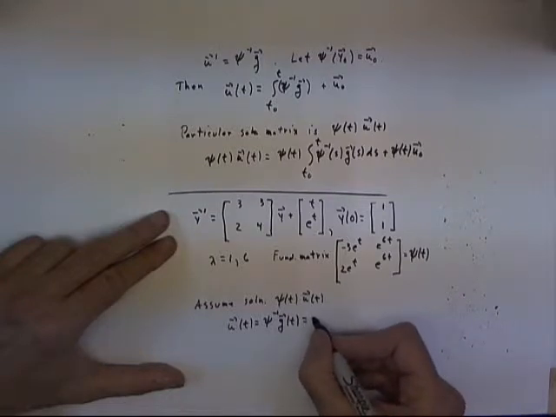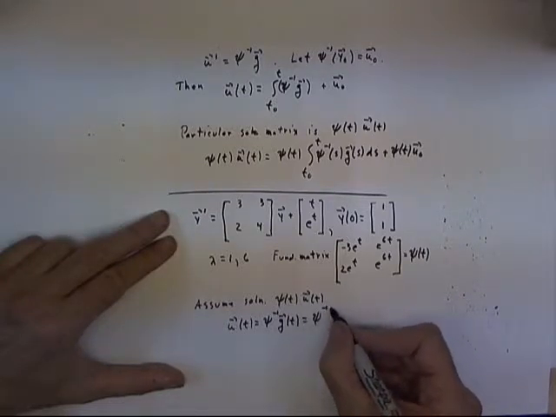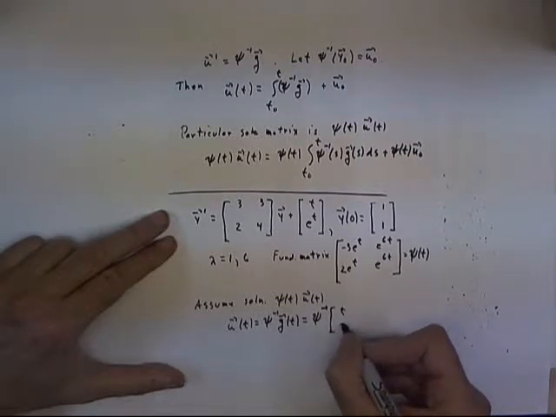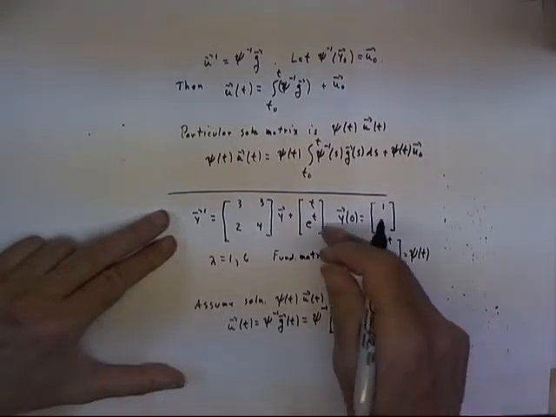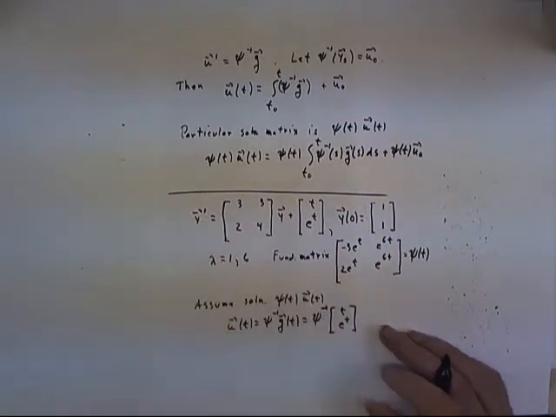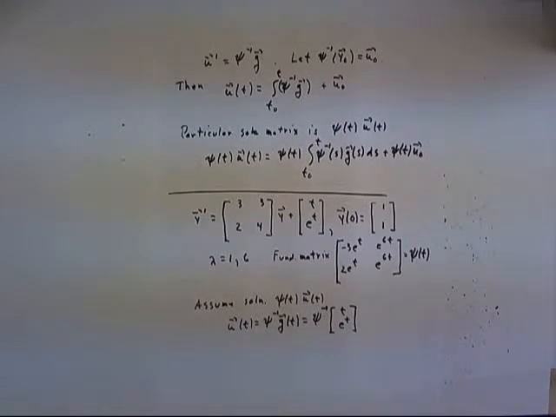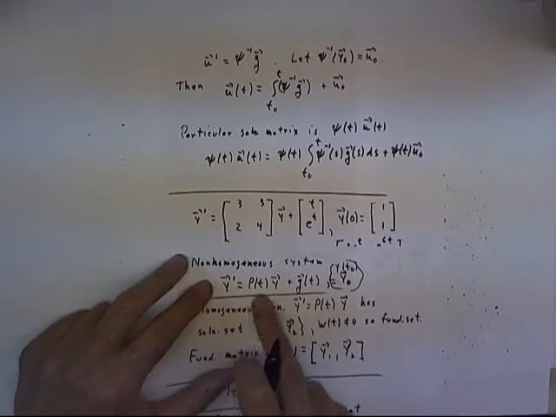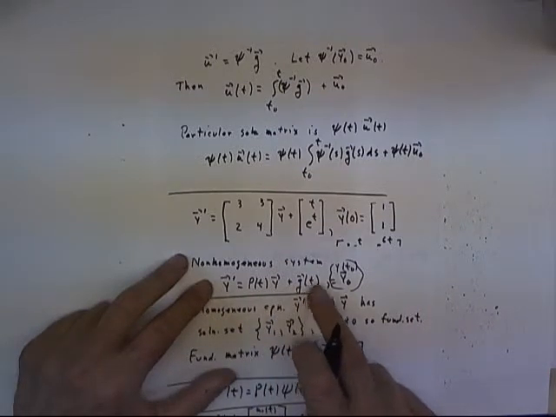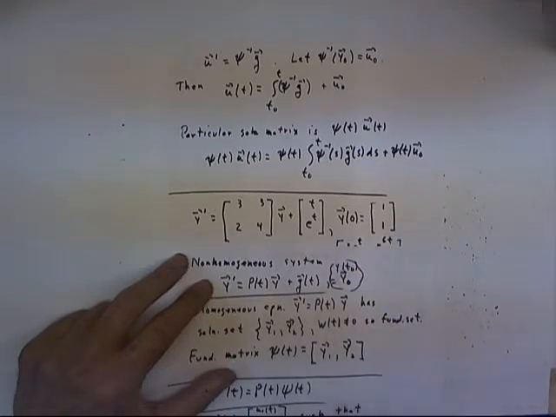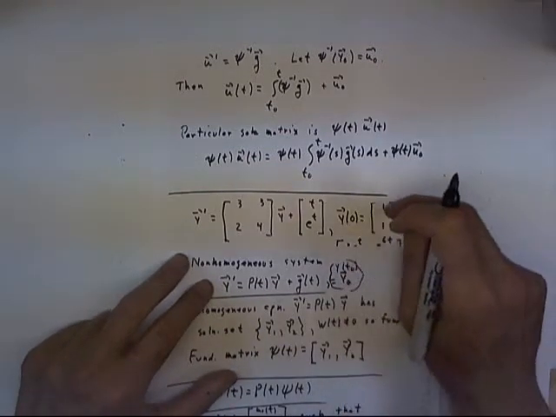In this case, that's the inverse of our psi matrix multiplied by t e to the t, the non-homogeneous part, this being the g function for this matrix equation. Remember that the general equation is y prime equals P of t y plus G of t. So here's our G of t, here's our initial condition, y of 0 equals y naught. Y naught is the 1, 1 vector in this case.